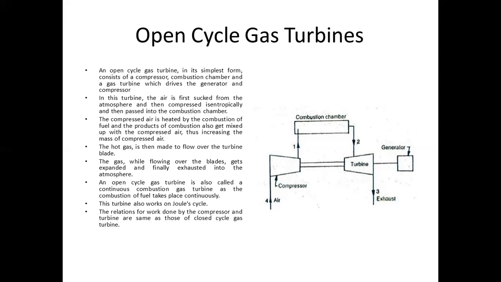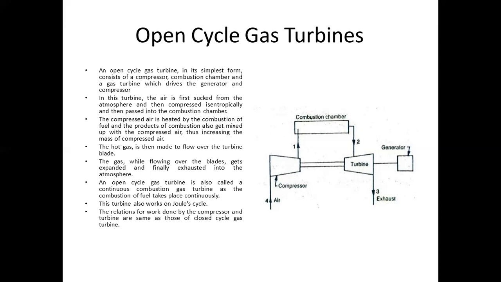The hot gas is then made to flow over the turbine blades, generally of reaction type. The gas, while flowing over the blades, gets expanded and finally exhausted into the atmosphere.